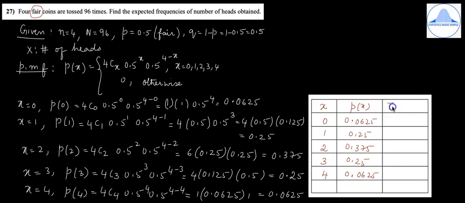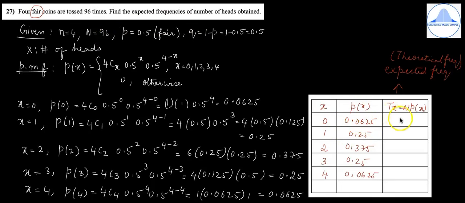Next, we find out the expected frequencies, that is Tx is equal to capital N into P of x. So this column is the expected frequency, or it is also called the theoretical frequency. So 0.0625 you should multiply with 96.